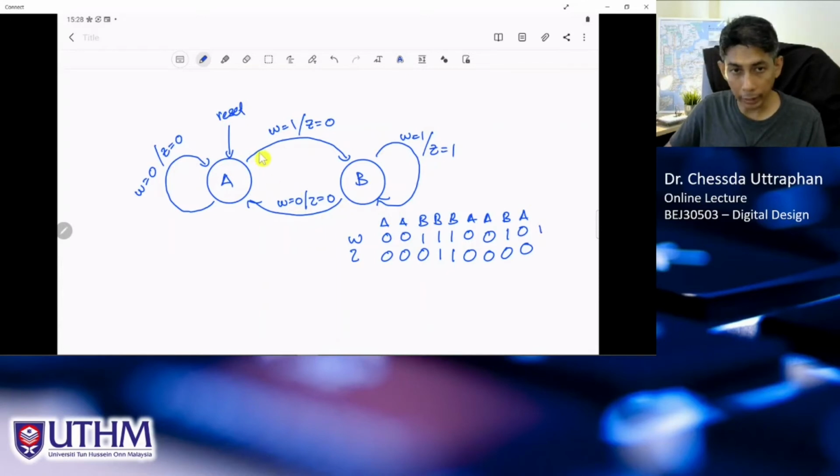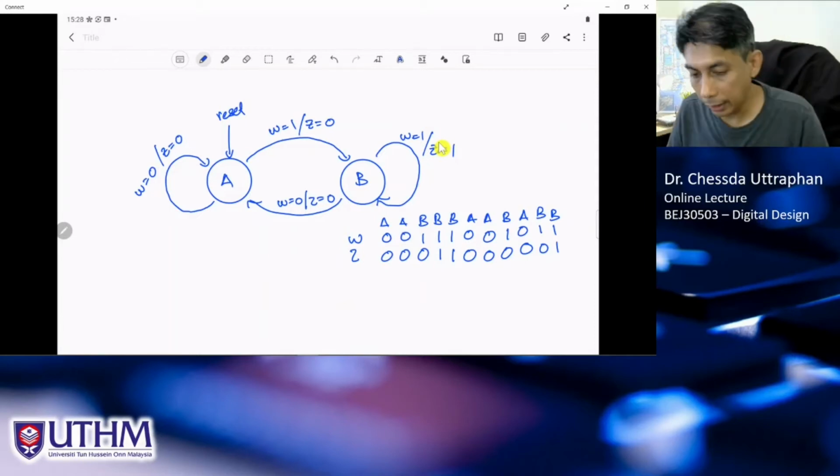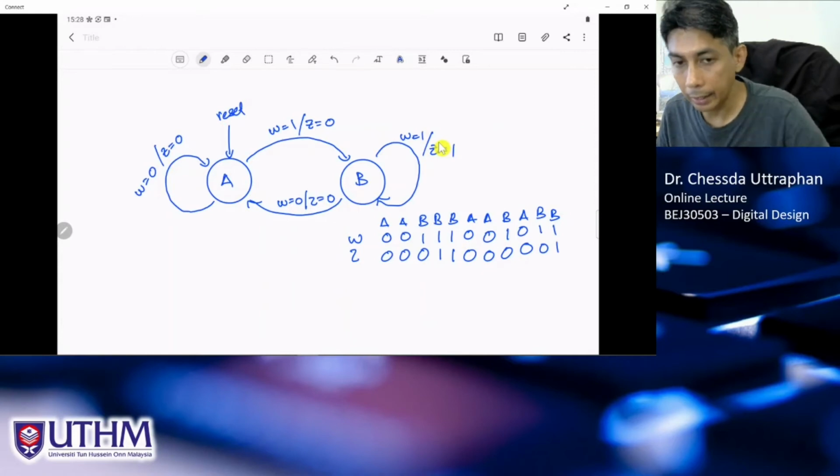Next, if 1 again, we go to B, and still 0. But if another 1 comes, we remain at B, and z is now equal to 1, and so on. Right? So that is how we derive the Mealy state diagram.